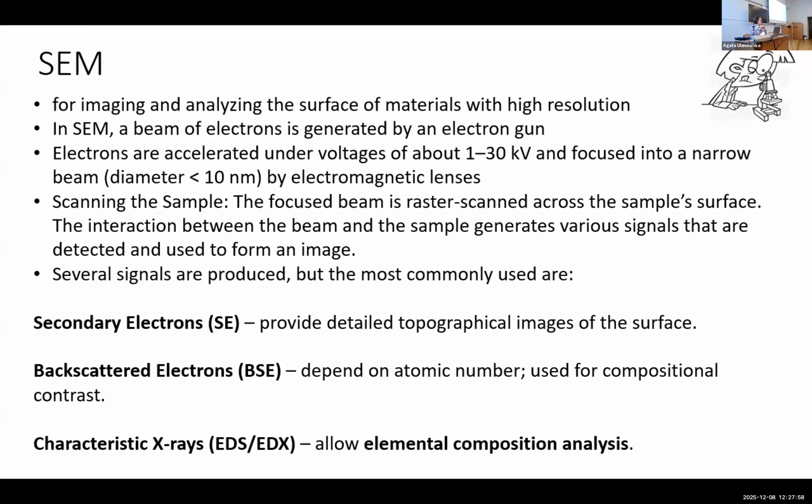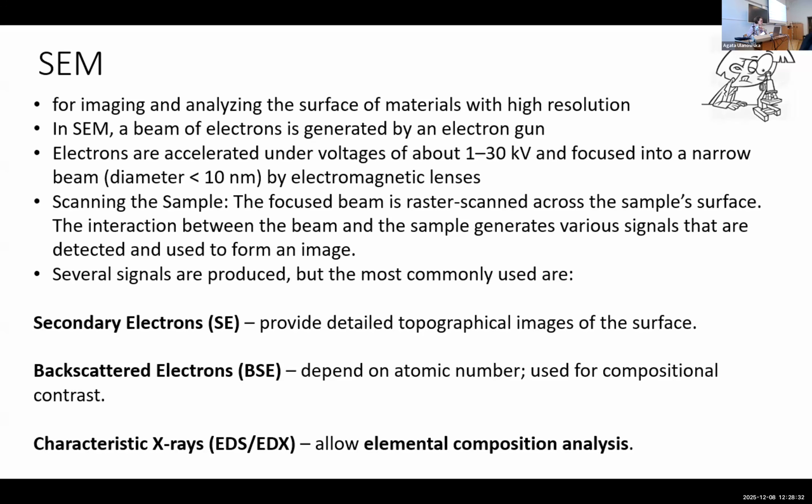Several signals are usually produced, but the most commonly used are the secondary electrons, SE, that provide detailed topographic images of the surface. And the second one, the backscattered electrons, usually called BSE, depend on atomic number and are used for compositional contrast. Characteristic X-rays, EDS or EDX, allow elemental composition analysis.